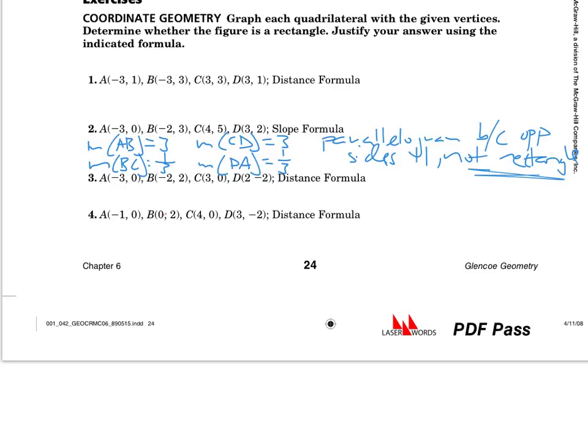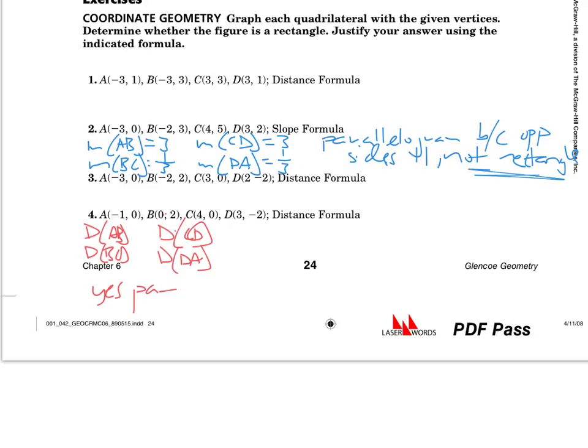So you find the distance of A to B, the distance from B to C, distance of C to D, distance from D to A. Once you get all those, you'll show that the opposite ones are congruent. Then, yes, parallelogram.